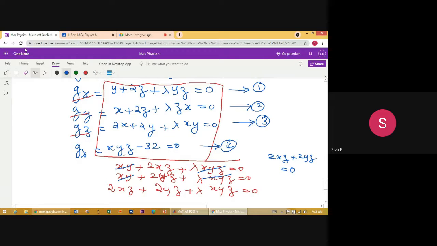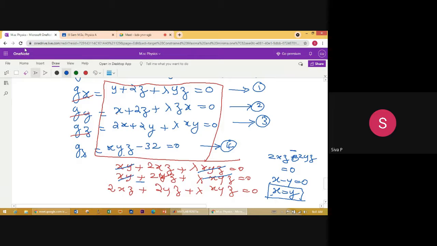Otherwise, if you put minus here, not plus actually. So if you are solving that, x minus y equal to 0, x equal to y.